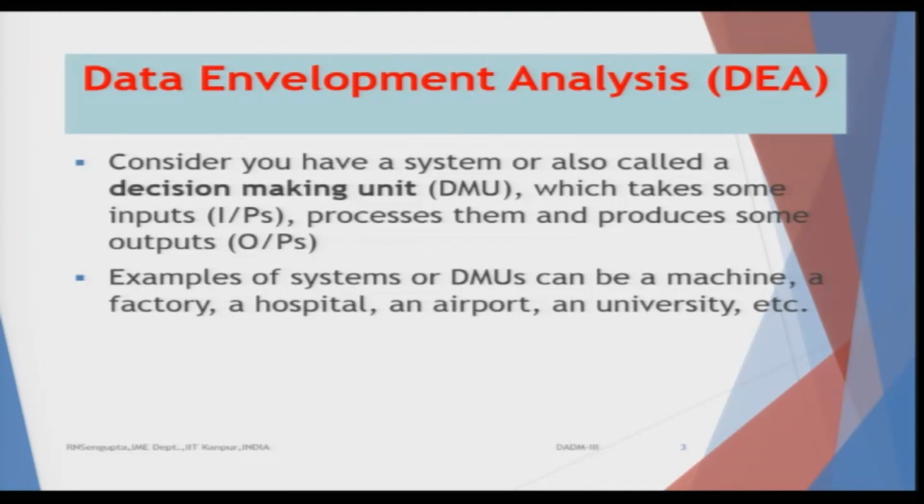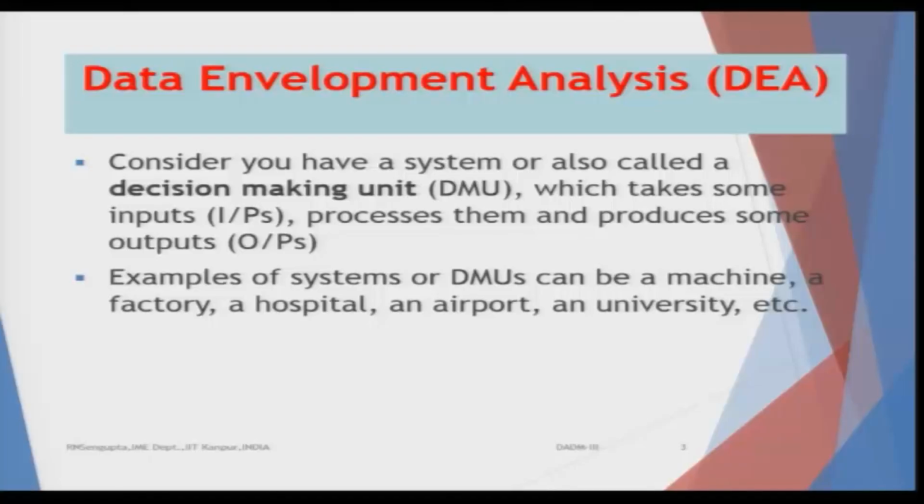In a school, it can be the training the student undergoes, the teaching of the subjects. And for a hospital, it would be the different types of medication the patient undergoes and so forth. Once you process them, you produce some outputs, and the outputs I have already discussed.